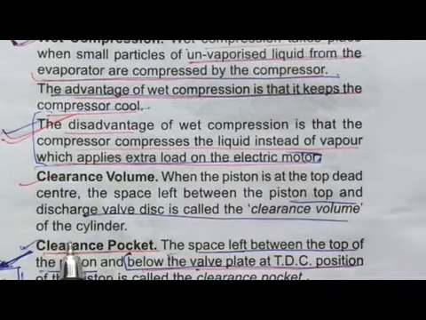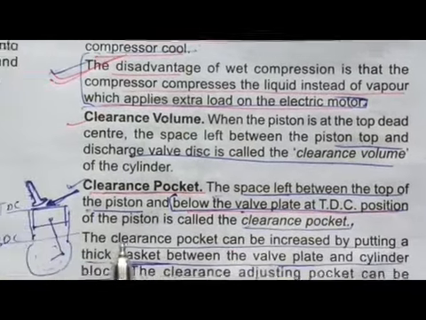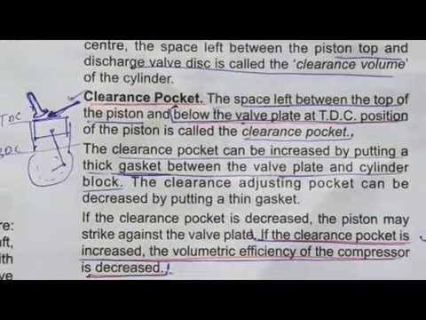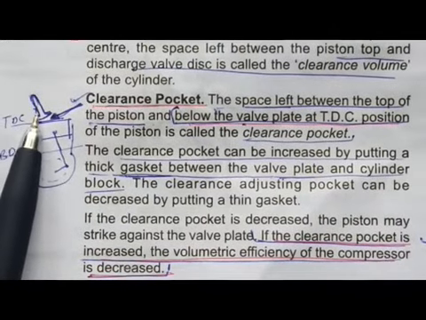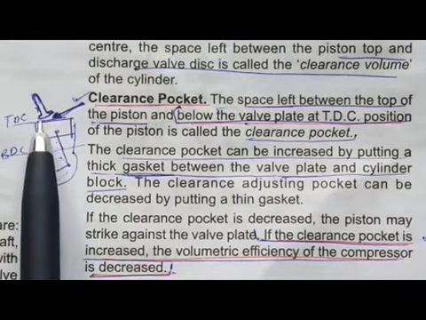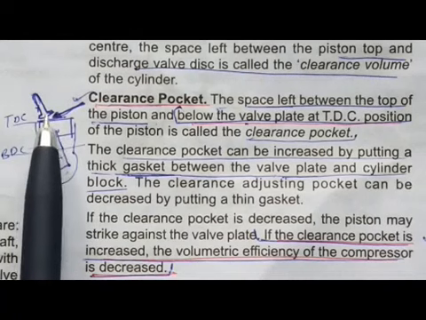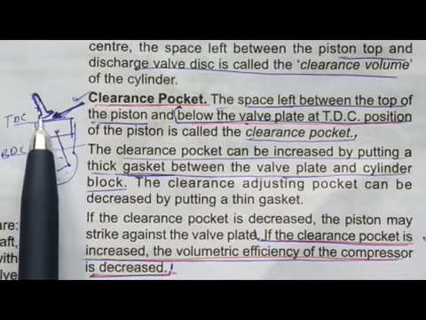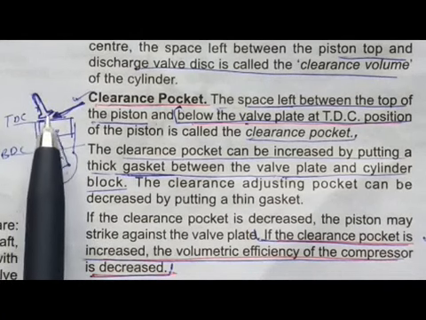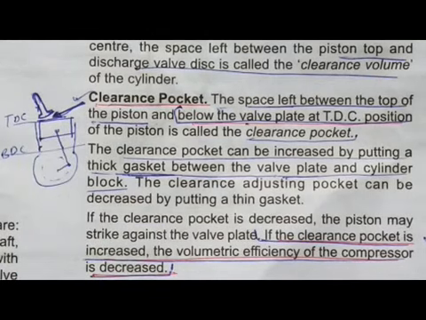We have seen the clearance volume and the clearance pocket. Okay, let's see the clearance pocket. What is the clearance pocket? Okay, suppose this is the inlet valve, and this is our piston. There is a gap between this valve and the top surface of the piston when it comes to the top dead center. This gap between the valve and piston is called the clearance pocket.